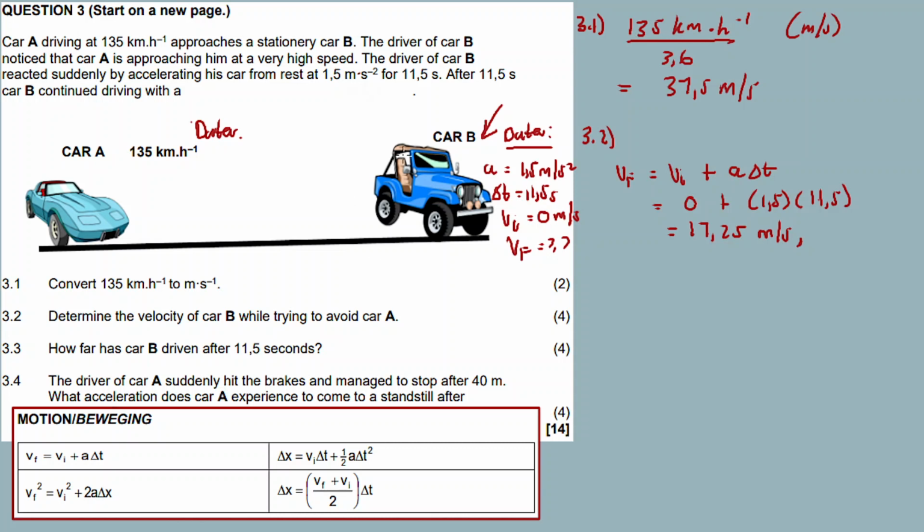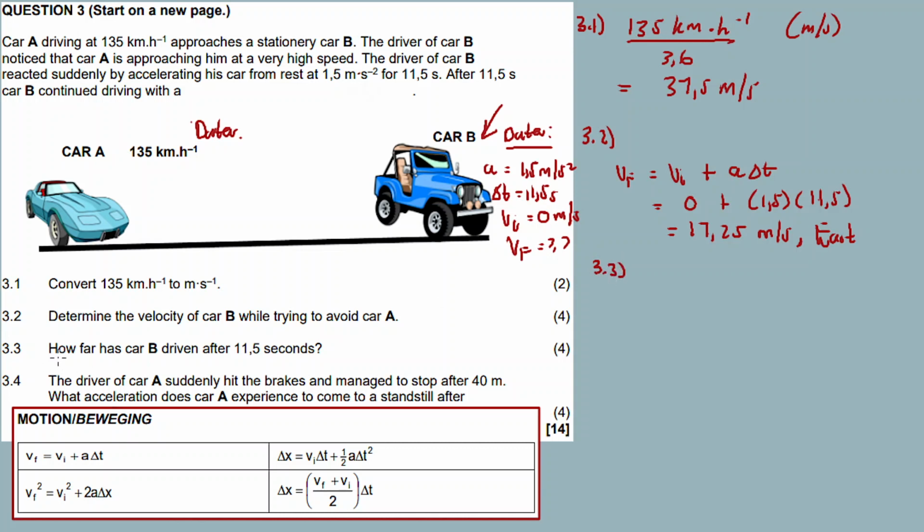So for car B, maybe to the east, right? I'm sure it's south, east, west. So to the east, maybe it drives forward, right? It drives forward.